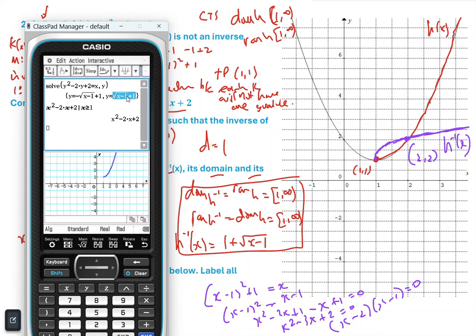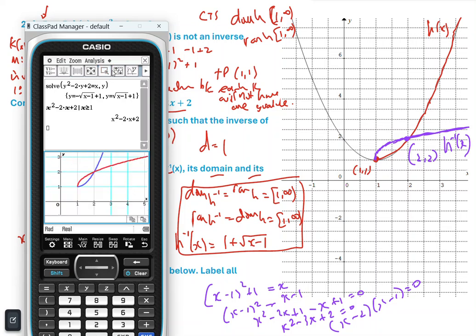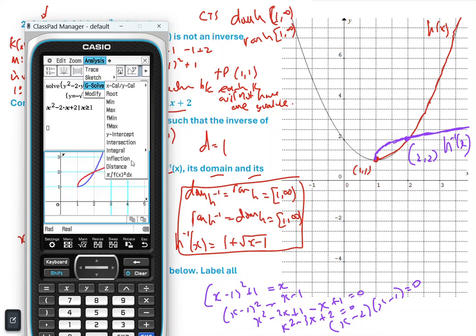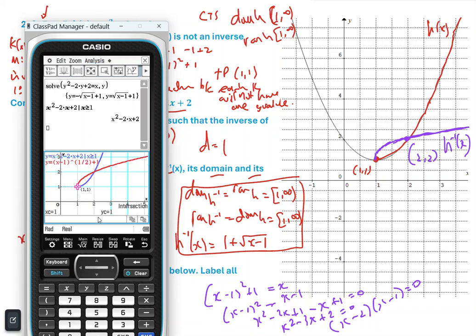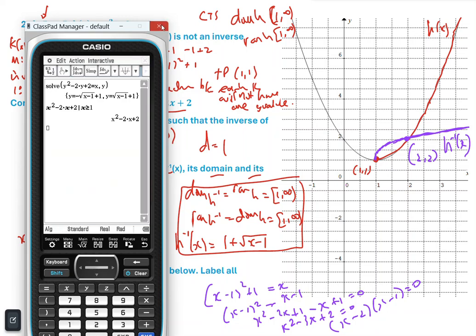And if I pick up this one, that's its inverse. I have a closer look at all of that, and I do analysis, choose solve intersection point. There's the first one at (1, 1), and there's the second one at (2, 2). So that's the inverse questions.